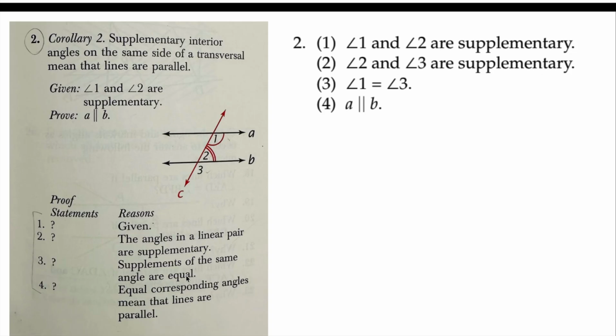So if they are equal supplements, we know that 1 is equal to 3 because 1 and 2 were supplementary and 2 and 3 are supplementary. Since 2 is in both of these statements, we know that angle 1 must equal angle 3. And therefore, our final proof is equal corresponding angles mean that lines are parallel. Line A is parallel to line B.